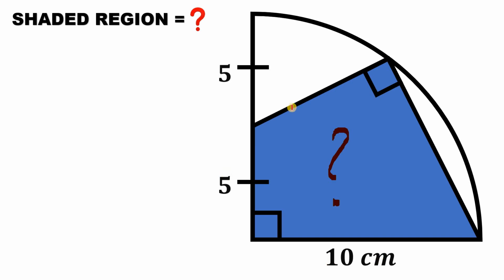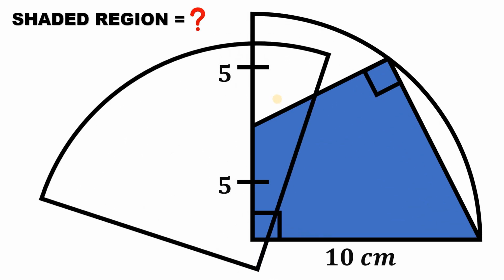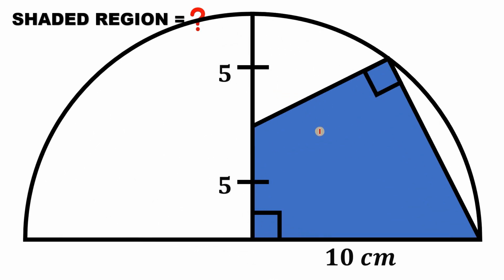And then, instead of using a quarter circle, we're going to use a semicircle. So let's create another quarter circle like this to create a semicircle. Now, what is the good thing about using a semicircle? If we extend this segment, it goes directly to the endpoint of this semicircle.